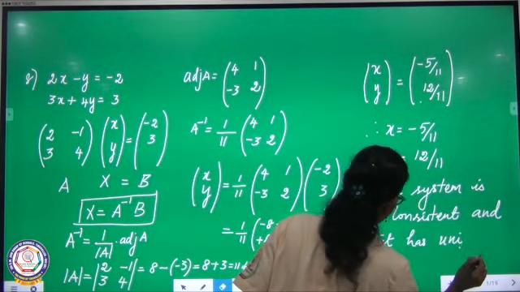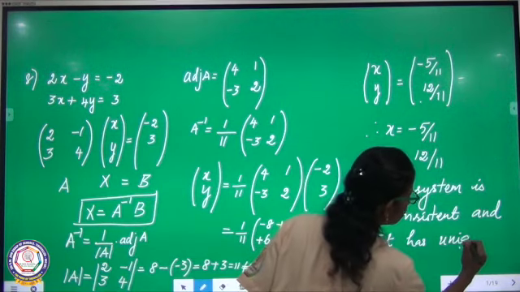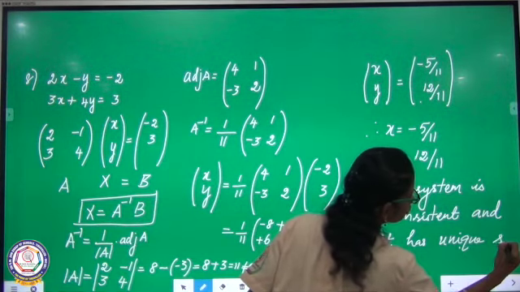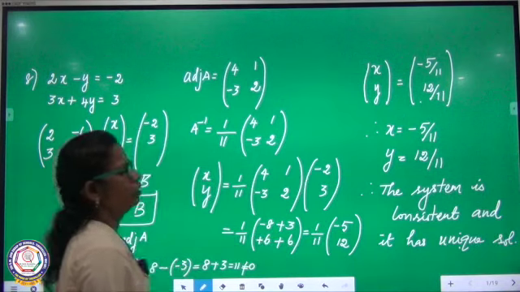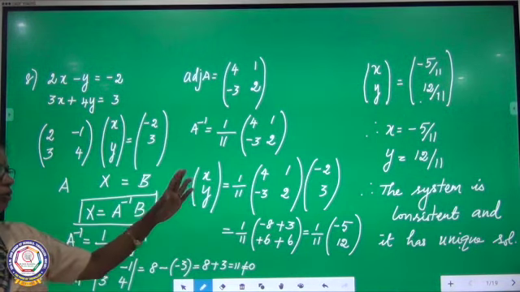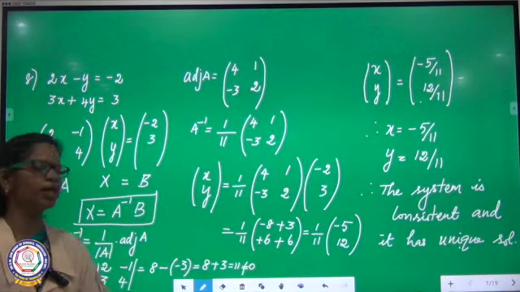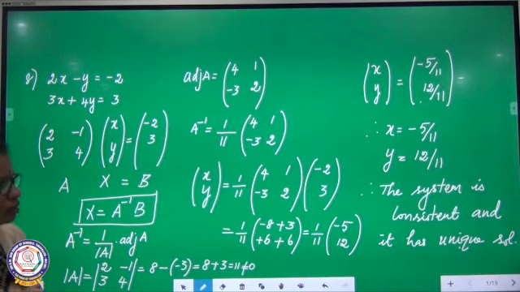If you arrive at X and Y as values, you can say it is consistent and it has a unique solution.